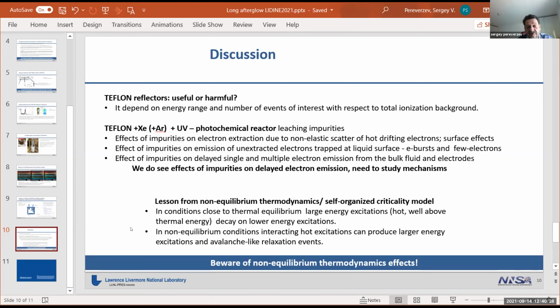Again, here I refer to specific mechanisms. There are other mechanisms for delayed light emission, and my intention was to warn you that Teflon with argon and xenon and pores can also be a source of delayed luminescence. And of course, it requires more studies. It was not done yet.